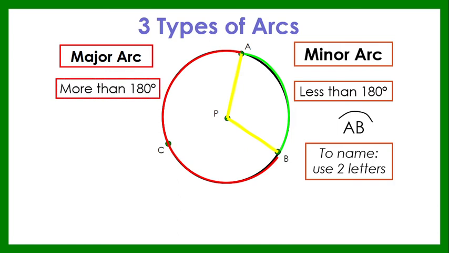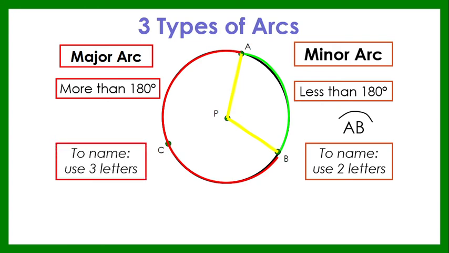It is an arc whose measure is greater than 180 degrees. And you can name a major arc using 3 letters, just like arc ACB, or you can interchange arc BCA. So minor arc is less than 180 degrees, while major arc is more than 180 degrees.